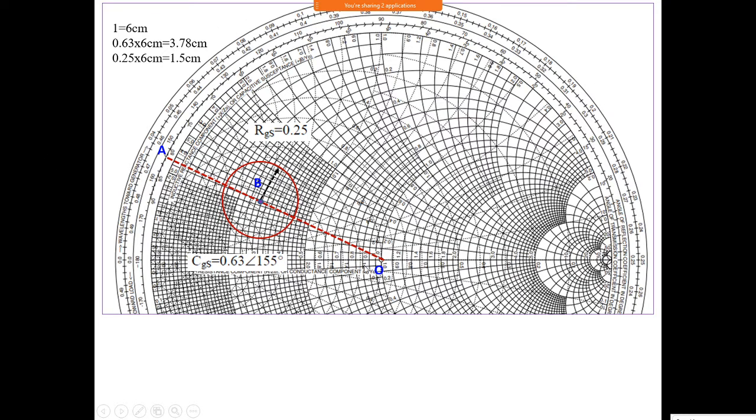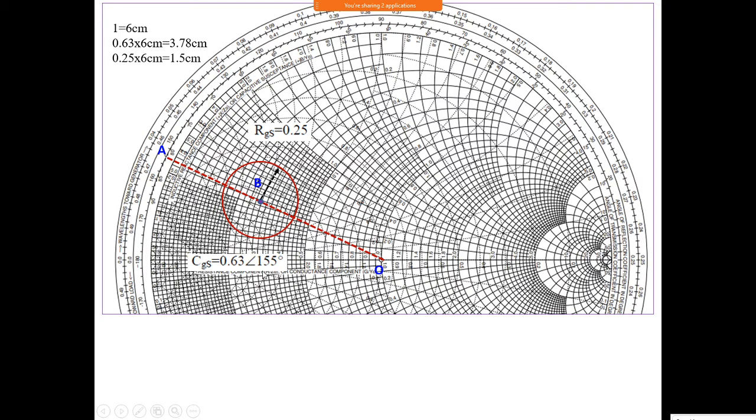Next you draw a line passing through this and measure how many centimeters there are from the center to here, that you take as 1. 1 is equal to 6 centimeters. Next, our value is 0.63, which is 3.78 centimeters. On this line, from here you take 3.78 centimeters and mark the point. This is the center of the circle.